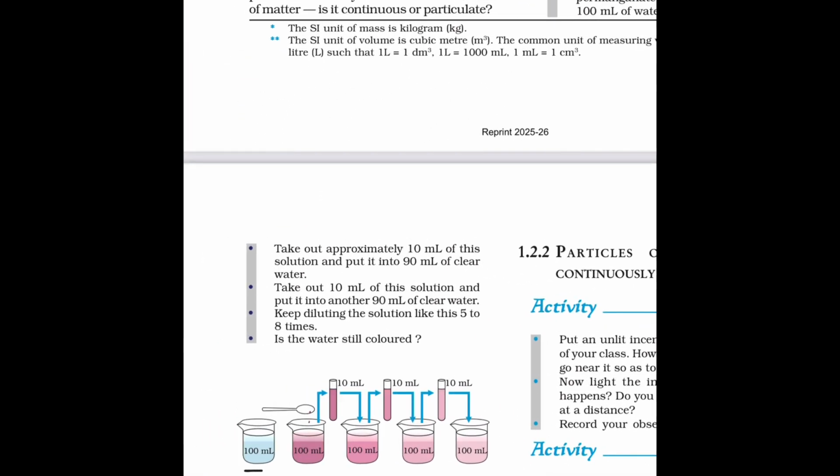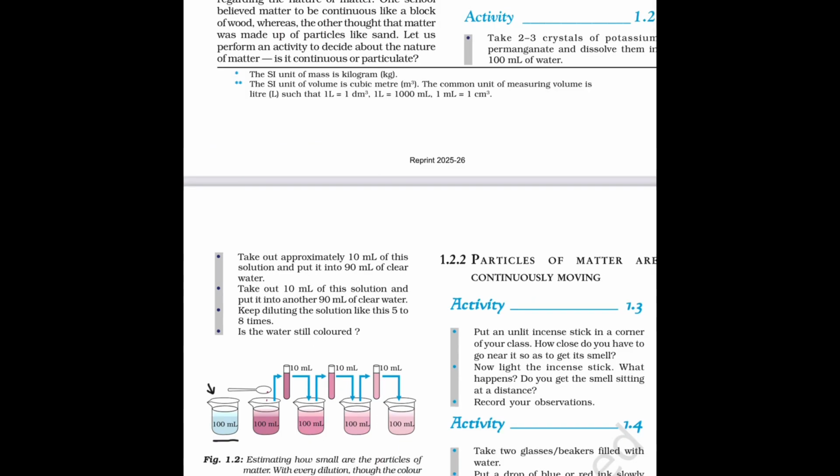You have to take a 100 ml beaker again, put water into it. Now add 2-3 crystals of potassium permanganate and mix it with water. After some time you will observe the color of water changes into pink. Then take 10 ml of the solution, put it in 90 ml of clear water.